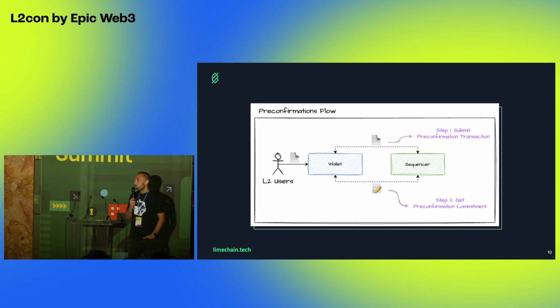What we're proposing here is cryptography-based pre-confirmations that require two steps. The first step is submitting a pre-confirmation transaction, and the second step is a commitment from the sequencer that whatever they are pre-confirming is going to go through, and if it doesn't, they're going to get punished. This commitment is in the form of a signature of what they have pre-confirmed.